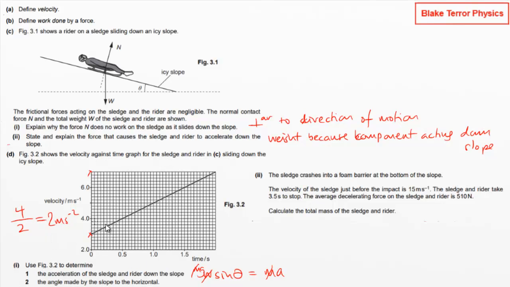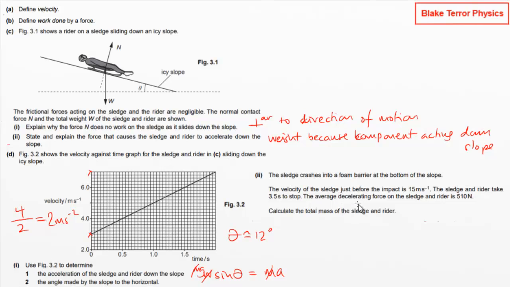We know that a is 2, so sine theta is going to be 2 over g. So 2 divided by 9.81 is equal to that. And then we need to do an inverse sine of that, and it's giving us about 12 degrees. So it's 11.8 degrees, so 12 degrees. Seeing as we've been pulling numbers off of a graph, let's not get too carried away with our accuracy.